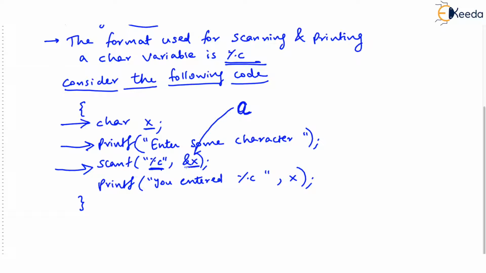And of course, the ampersand has to be given in scanf if you want to scan the value of x. Finally, you can print whatever you have entered just now, using the %c format. So if the user enters A as the input, then the output will be you entered A, because the value of x is A. So remember, if you are entering a character from the keyboard, you use %c, and if you are printing a character on the screen, you use %c.